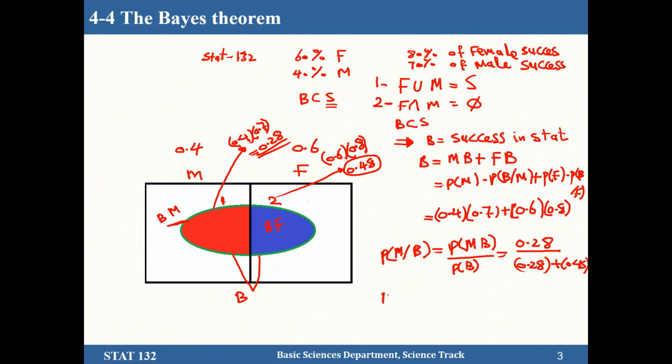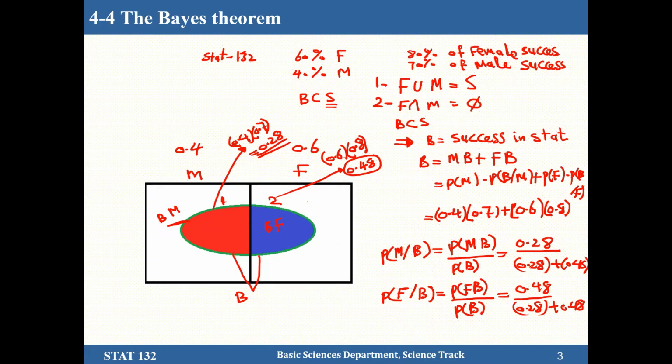Similarly, if they ask, given that she already got success in statistics, what is the probability she is female? In this case, P of female and success over probability of success equals 0.48 over 0.28 plus 0.48.